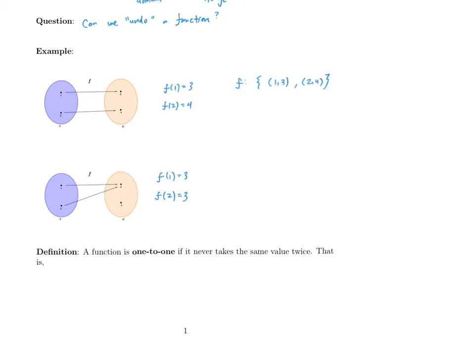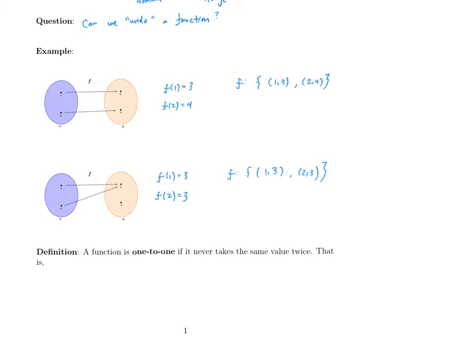That is perfectly fine for a function to have two inputs that go to the same output. What would not be fine is if you had an input going to multiple outputs. In that case, it wouldn't be a function. Notationally, once again, we can think of this as being two ordered pairs, (1, 3) and (2, 3).